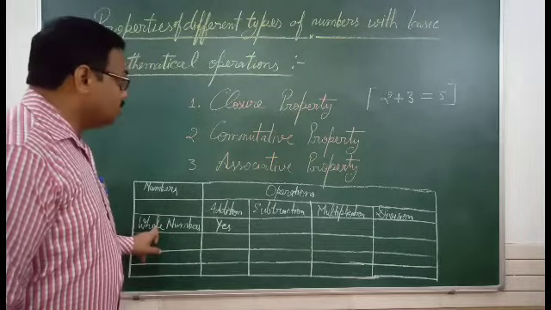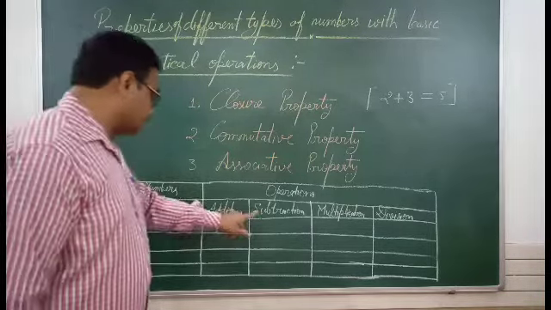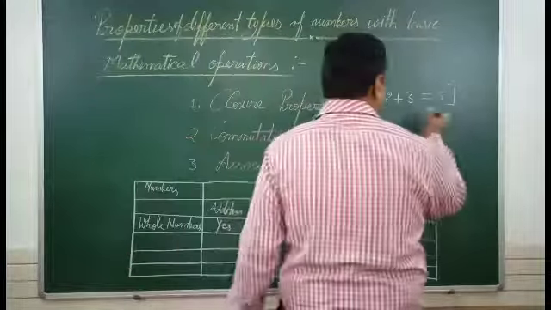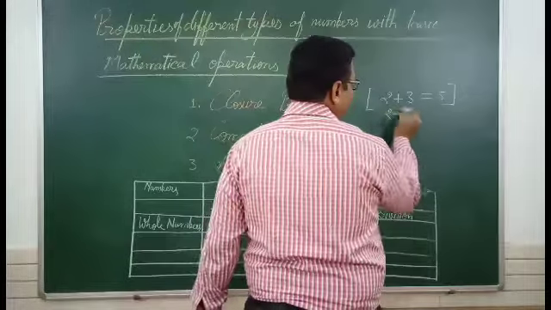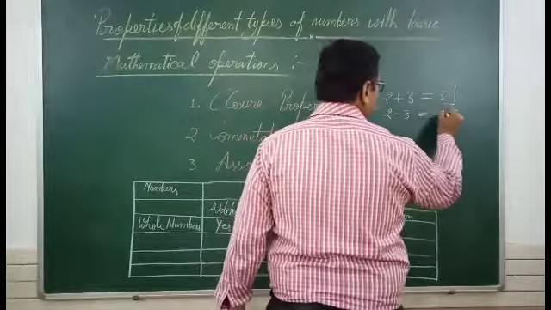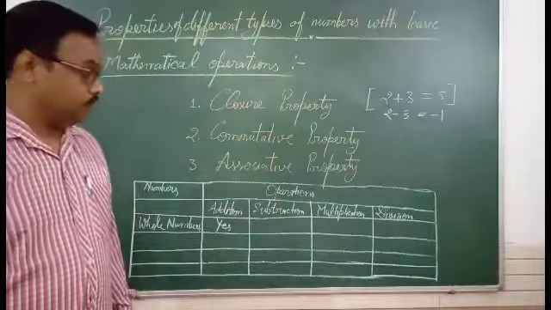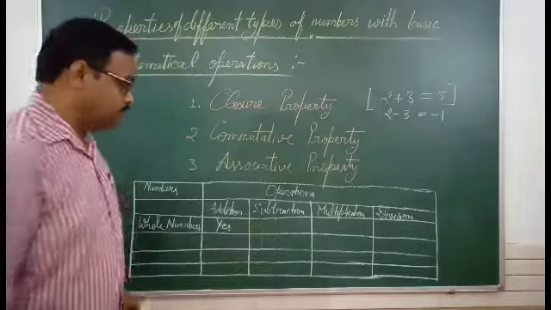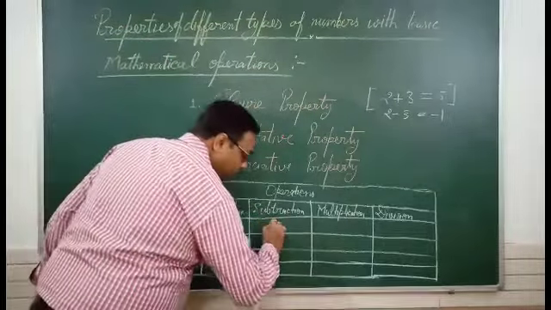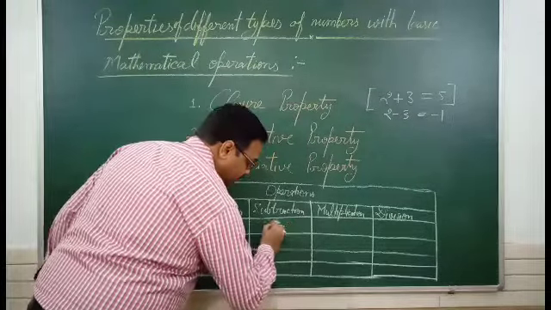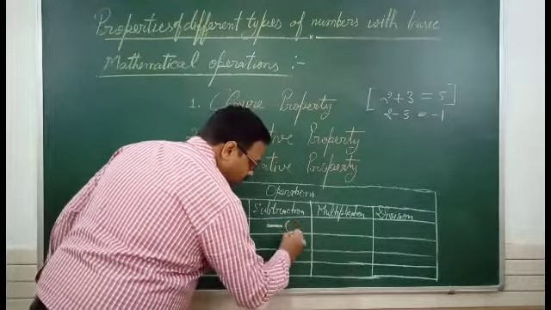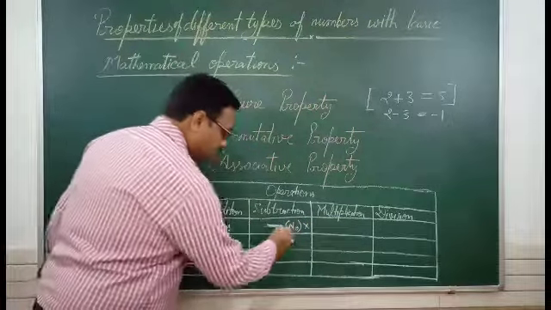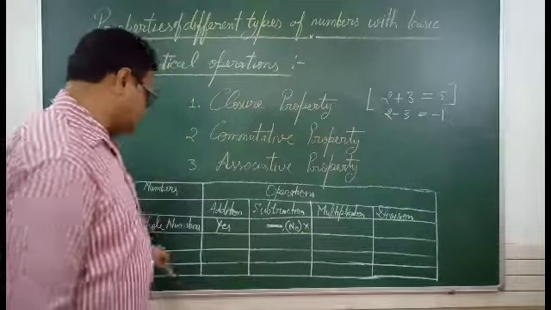When you do the subtraction with whole numbers, what will happen here? 2 minus 3 and you will get minus 1. It means whole numbers are not closed under subtraction. So here you will not write anything, you will leave it, or you can put no, or you can put a cross. Any of these options you can utilize here.